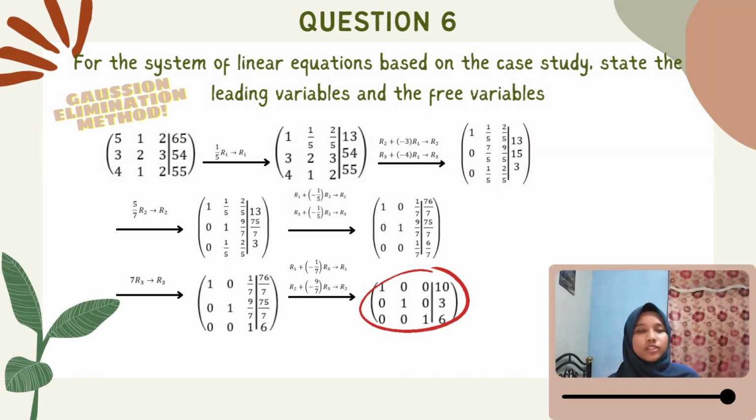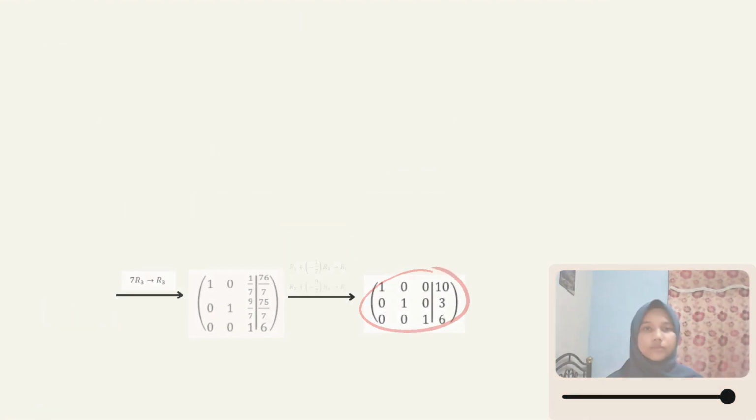Okay, we move to the last question, which is question 6. For the system of linear equations, based on the case study, state the leading variable and free variable. How do we find the leading variable and free variable? We will use the Gaussian elimination method. We solve it using elementary row operations until we get all the leading ones, with zeros placed below and above the leading ones.